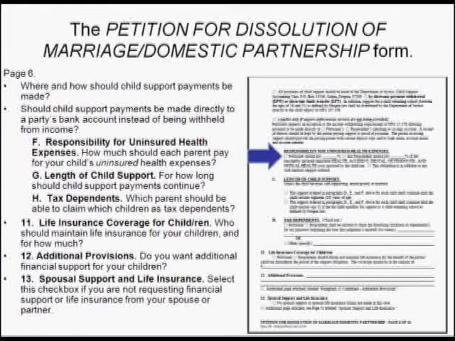How much should each parent pay for your child's uninsured health expenses? G. Length of child support. For how long should child support payments continue?